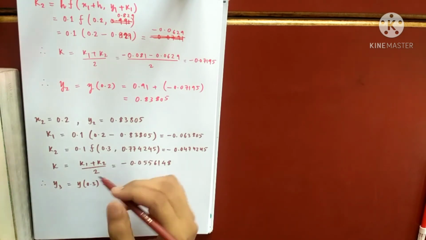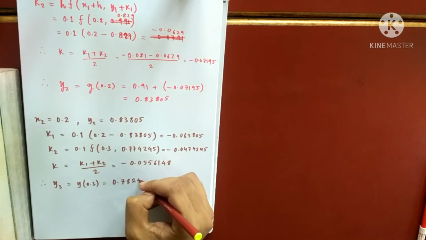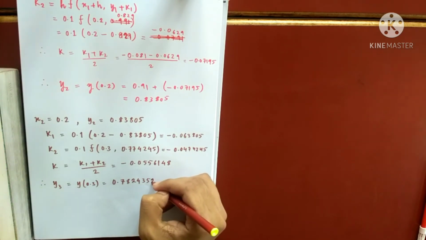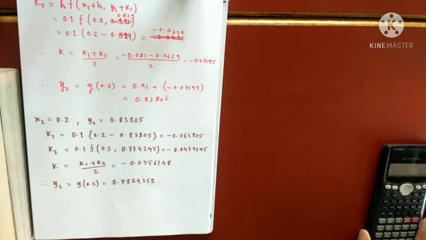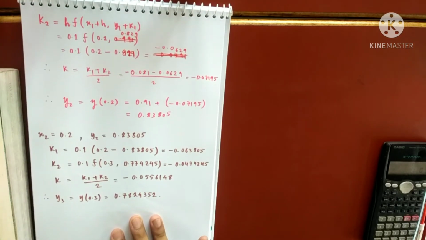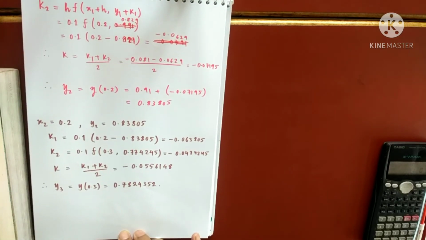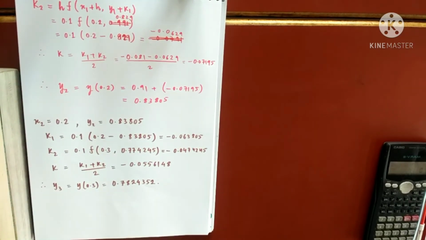It is coming as 0.782432. So this is the value of the function at the point 0.3. So we are still not done, because our target is to find y at 0.4. Am I clear up to here? Any confusions?